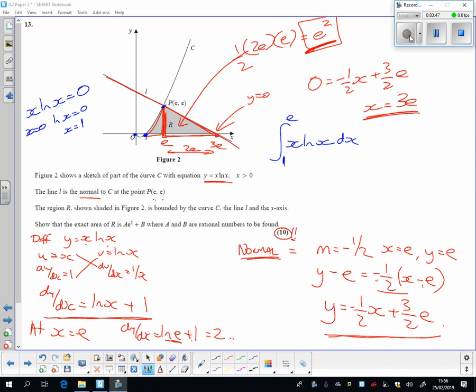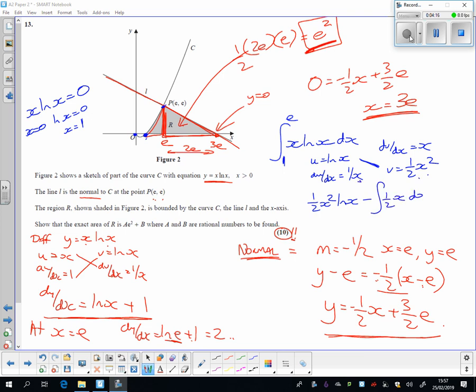This is one of those integration by parts where you do it with the ln x being equal to u. dv by dx is equal to x, and so v is a half x squared. And you've got u times v, these 2 things times together, a half x squared ln x minus the integral of the 2 things you've just worked out.